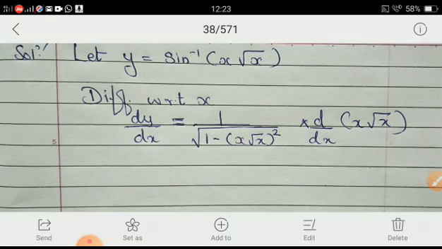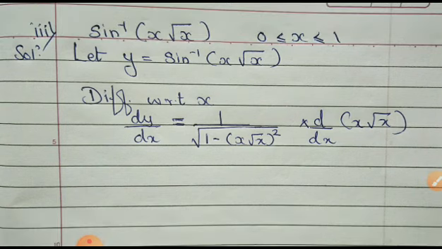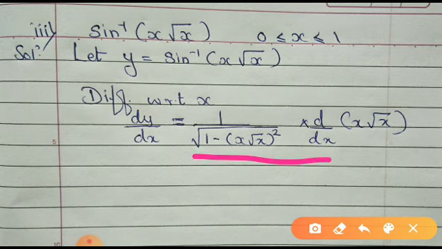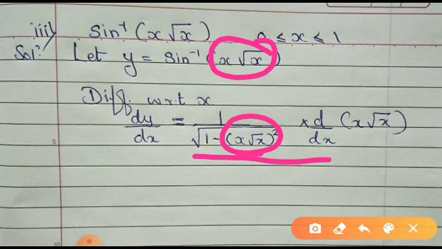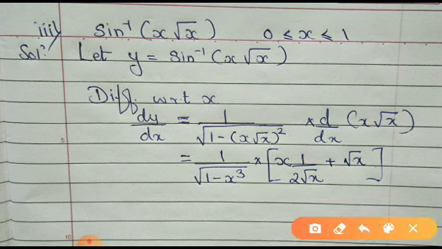So accordingly, you have to find the derivative. First take your y as sin inverse of x root x. Now differentiating with respect to x, I'll be getting 1 by root of 1 minus x square, where x is this, so its square, into, since it is not of the standard form, I have to make use of chain rule. So the derivative of x root x should be multiplied. Now here it is nothing but x square into root x square, so I get 1 by root of 1 minus x cube into derivative of x into root x.